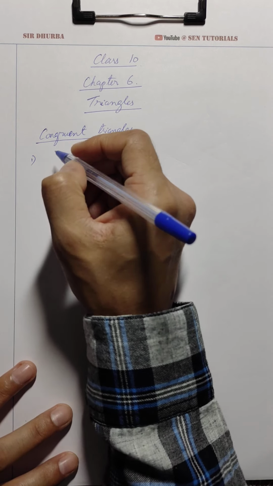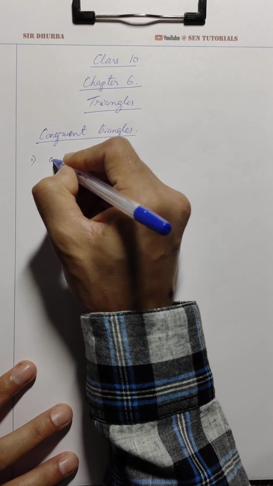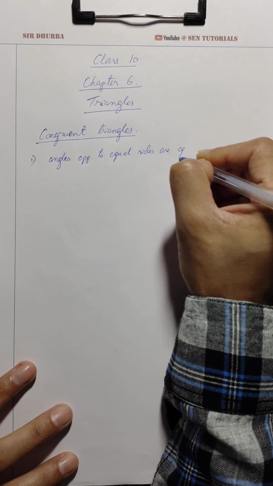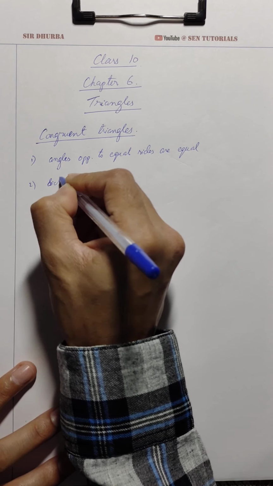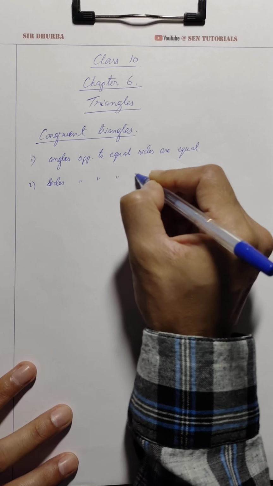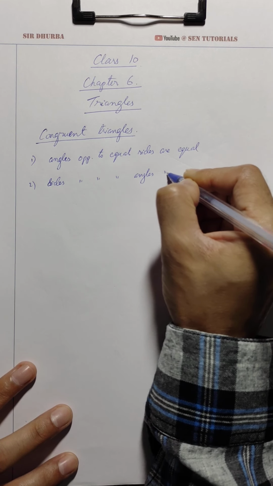One of the properties that we have learned is about angles. In brief only I'm writing, okay. Number 1, angles opposite to equal sides are equal. Number 2, similarly, sides opposite to equal angles are equal.